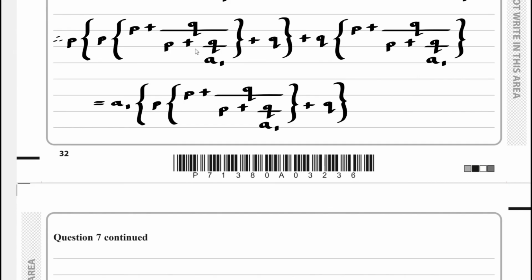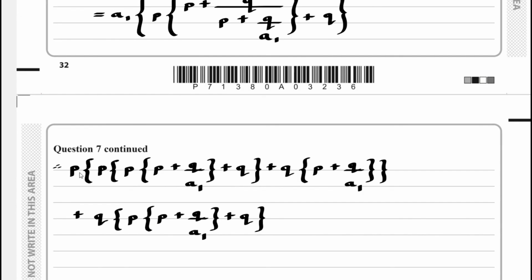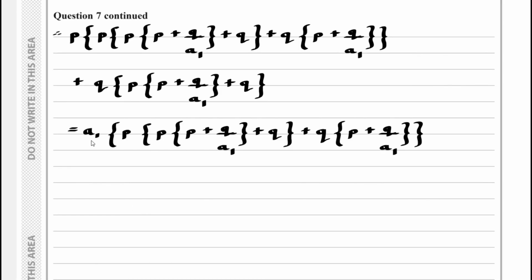If I now multiply through by p plus q over A1, we end up with, on the left hand side, p lots of p plus q over A1 plus q lots of p plus q over A1 plus q. And if I multiply through by A1, on the right hand side we have A1 lots of p plus q over A1 plus q lots of p plus q over A1, and multiplying through by A1.